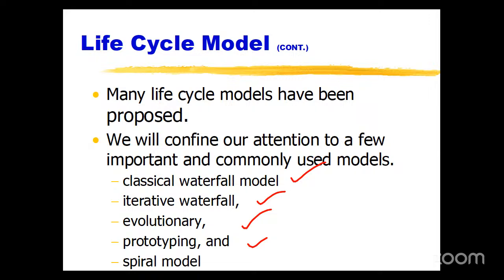So the first concept we have seen, what was the topic in the beginning? What is software or software engineering? Then why software engineering is important. Then what was the topic that we have seen?